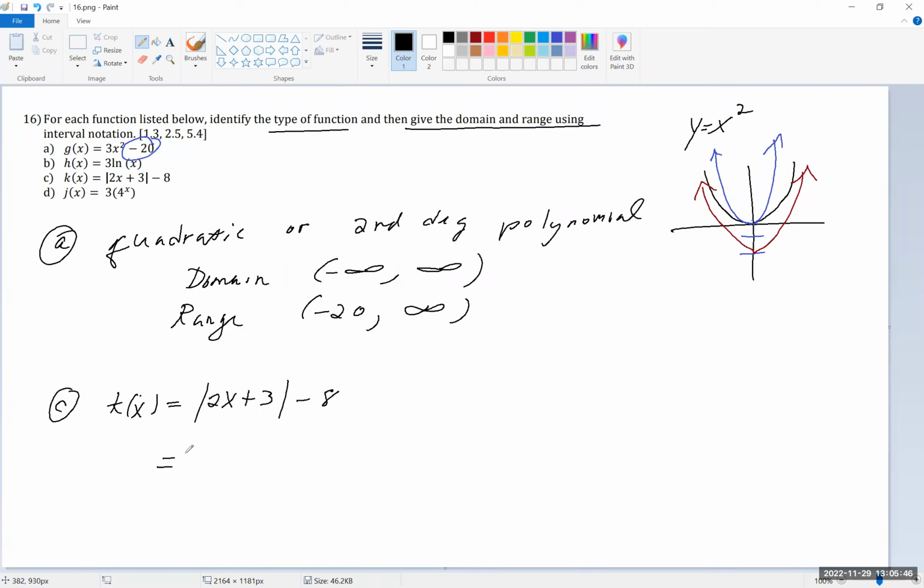And the best way for me to explain this is to factor out a 2.